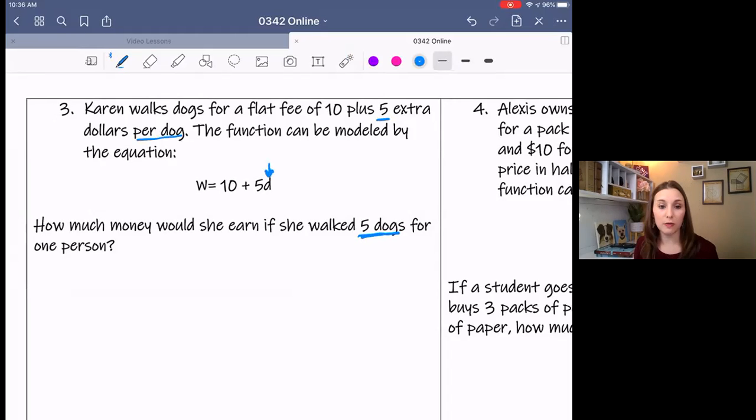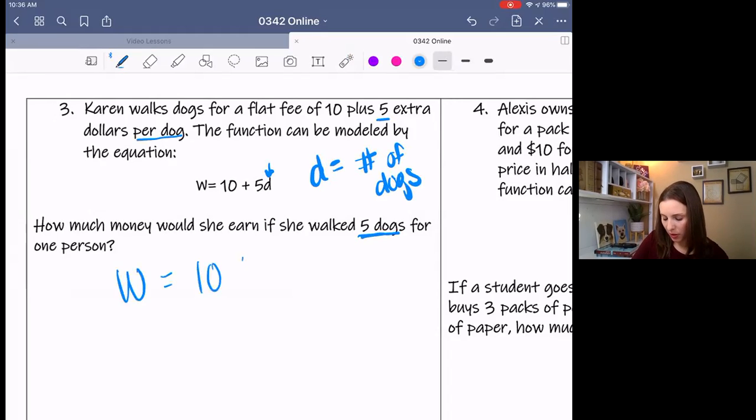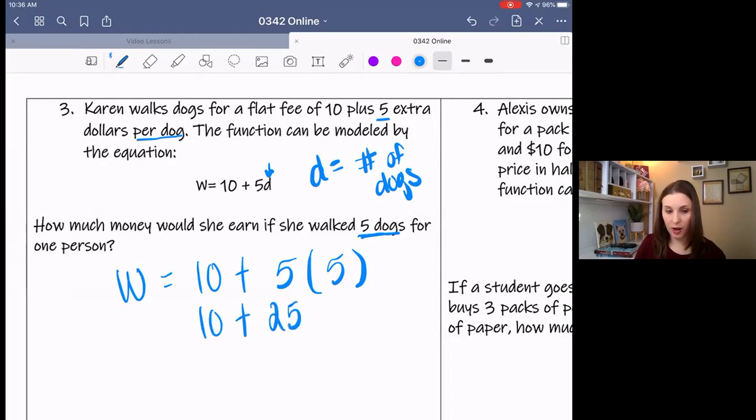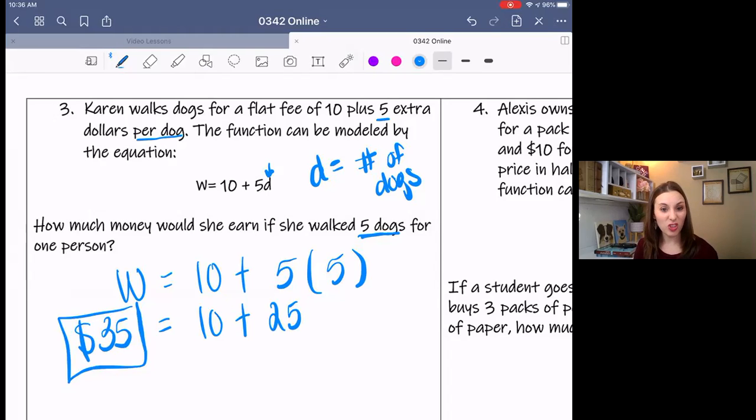So D stands for the number of dogs. And we have W equals 10 plus $5 per dog. So we get 10 plus 25, which means she would make $35 if she walked 5 dogs. So that's all you do. If it's a word problem, you just plug it right in to the correct variable.